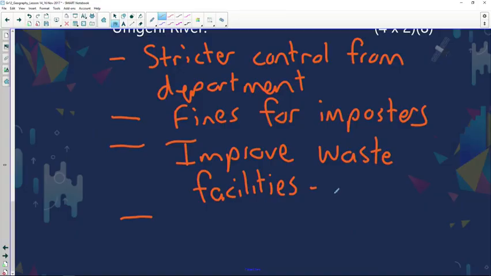Improve waste facilities. So instead of using dumping grounds close to the river, have allocated areas where people can go and throw their rubbish away, and maybe recycling points.